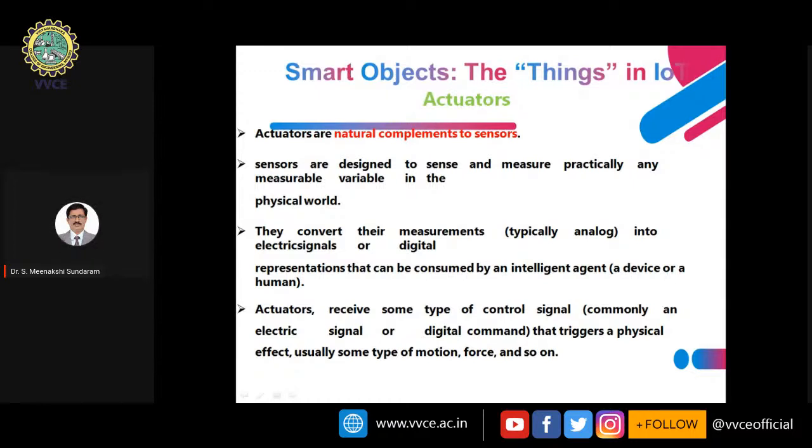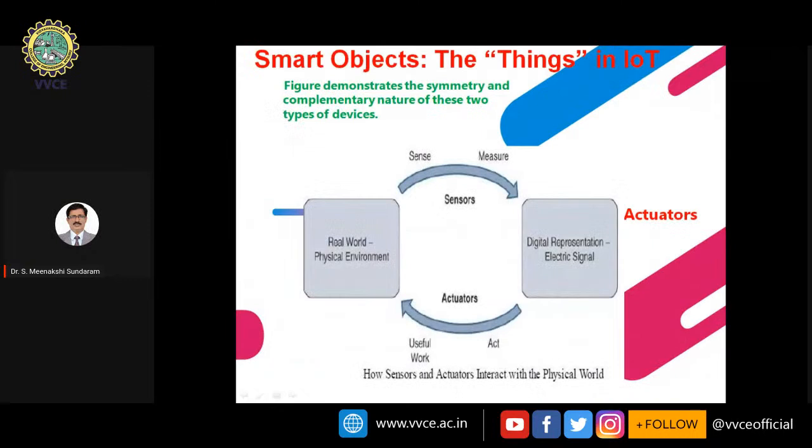Actuators receive some control signal, commonly an electric signal or a digital command, that triggers some physical activity like motion or force, so some action takes place. This simple figure demonstrates the symmetry and complementary nature of these two types of devices.